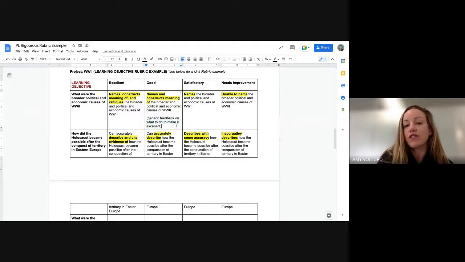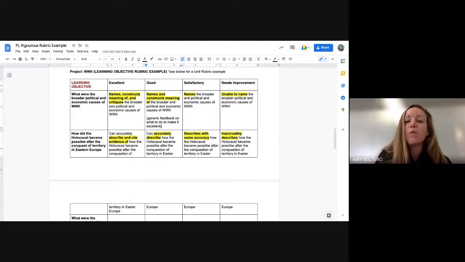So here, there could be an example, or I want you to name something and then construct meaning of, like, what does it mean to you? Or maybe you want them to do a journal entry as if they were somebody fighting in the war, writing home and talking about something about the broader political and economic cause.